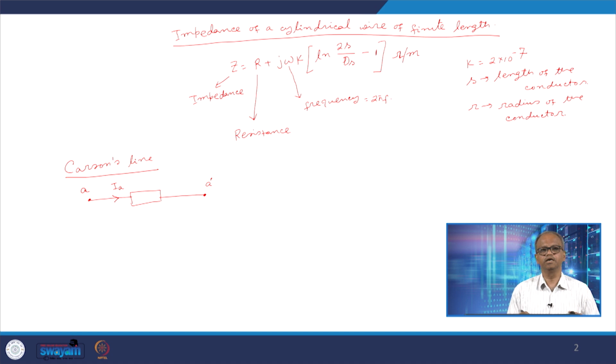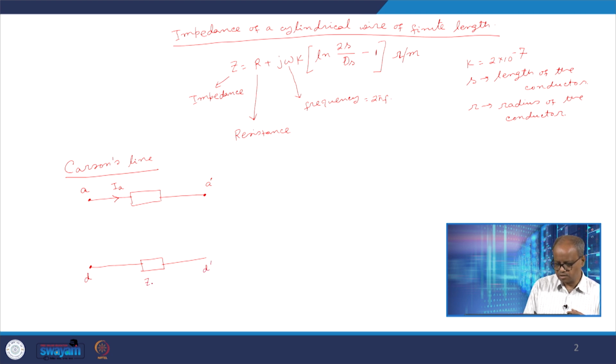When the current comes back through the ground, it encounters multiple paths, and the current gets split through all these paths before ultimately going to the source. Almost 100 years back, it was shown that the effect of all those multiple paths can be thought of as an equivalent conductor below the ground with some impedance. Let us say this is D, this is D dash.